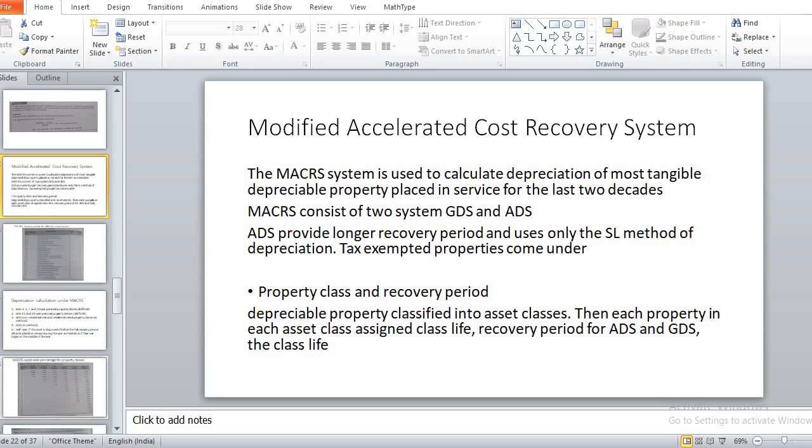Different properties are grouped into a particular class, and for each class a useful life is given for both the ADS and GDS approaches. These we can find in this table.